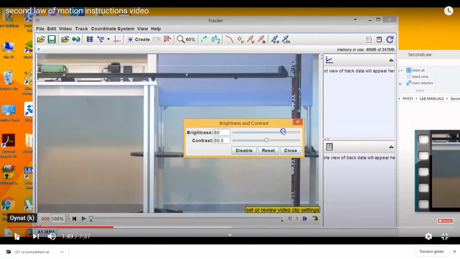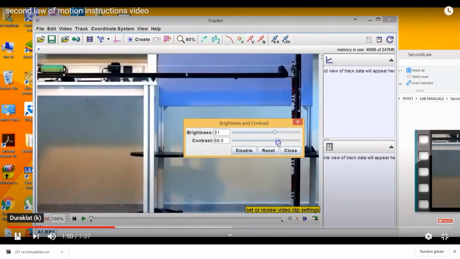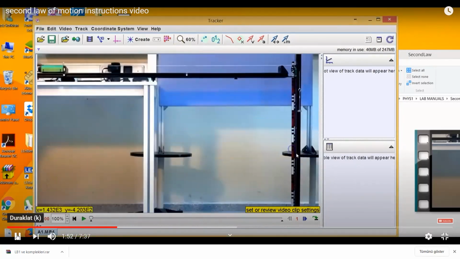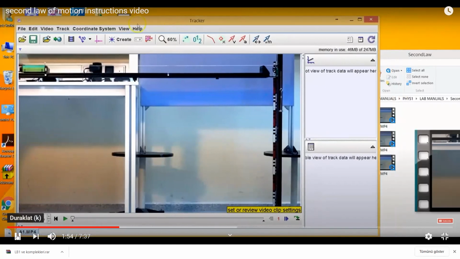In order to make measurement more comfortable, we can change the brightness and contrast of the video. The calibration stick determines the scale of the distance in the experimental setup.